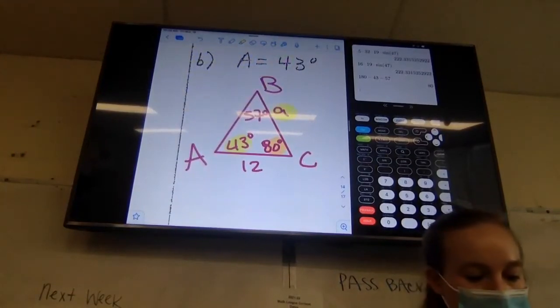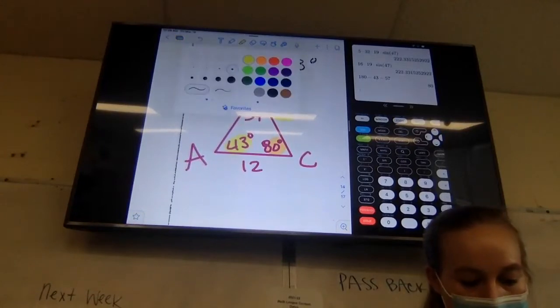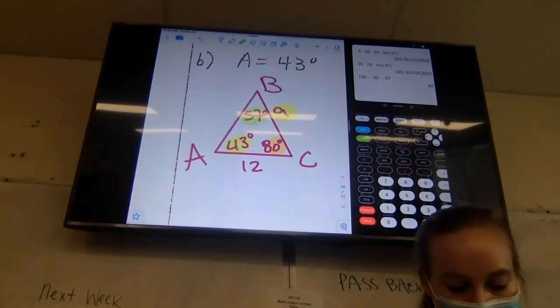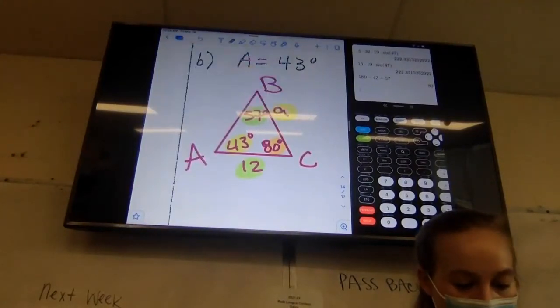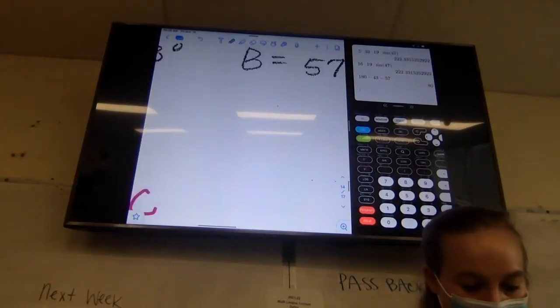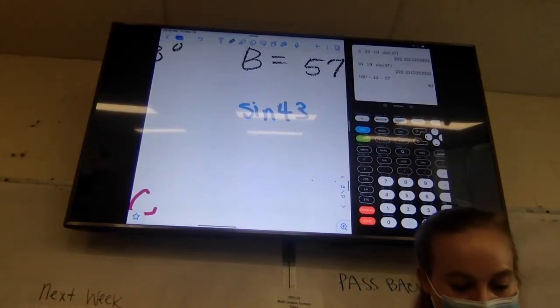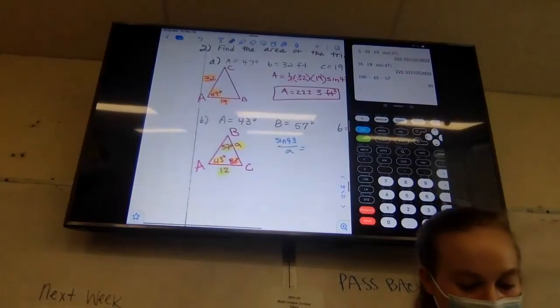Using law of sines, I'm going to do sine of 43 over a equals sine of 57 over 12.